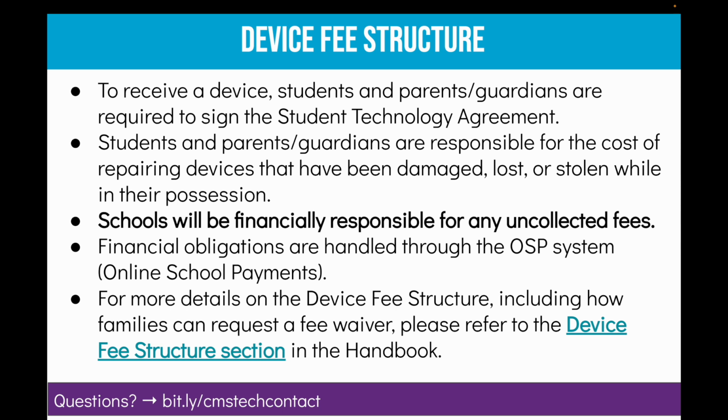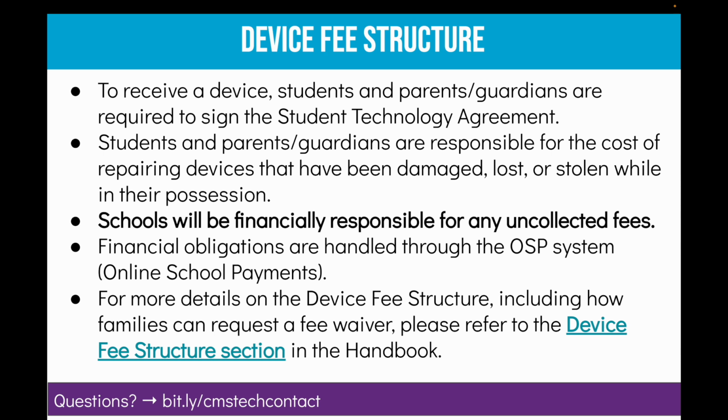The device fee structure outlines the fees that students and families will be responsible for. Procedures for assessing fees are covered in the Device Management Handbook under the section Managing Student Fees Using OSP, in the Lost and Stolen Device Procedures, and in the Damaged Device Procedures. Families will pay any owed fees through the Online Payment System, OSP.